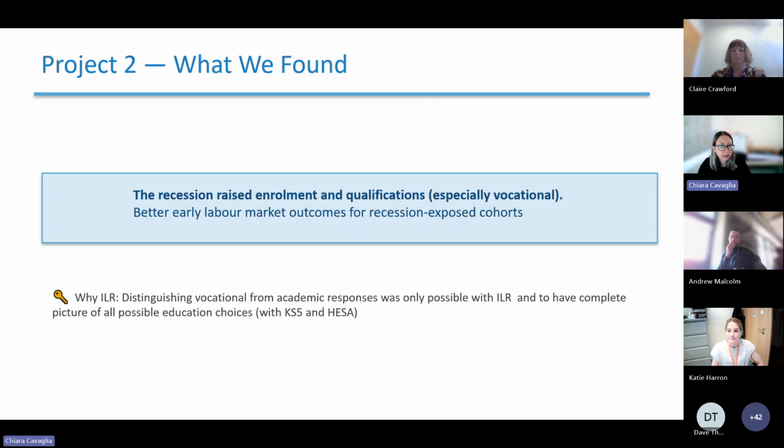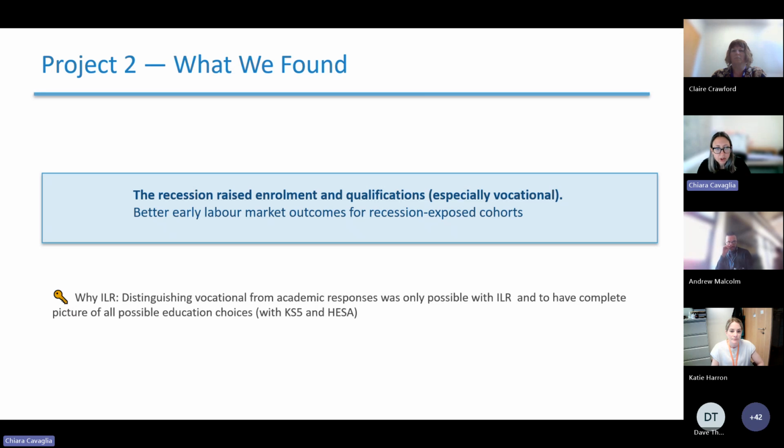And we found that the recession raised enrollment and qualification, especially vocational qualification, and that younger cohorts who did all their education during the recession were better off with respect to the older cohorts who entered the labor market when the recession started.